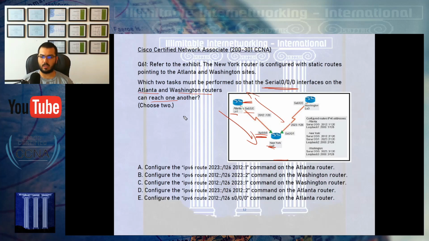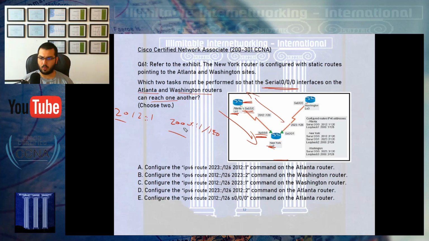So I will need a route as a first step from New York to Atlanta that has the destination of loopback 1 of Atlanta, which is 2000::1/128, and the next hop to reach Atlanta should be the serial 00 of Atlanta, which is this one, 2012::1. Yes, the same IP address, colon 1.